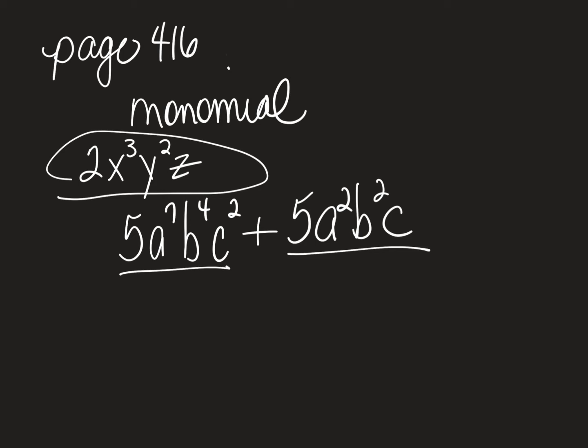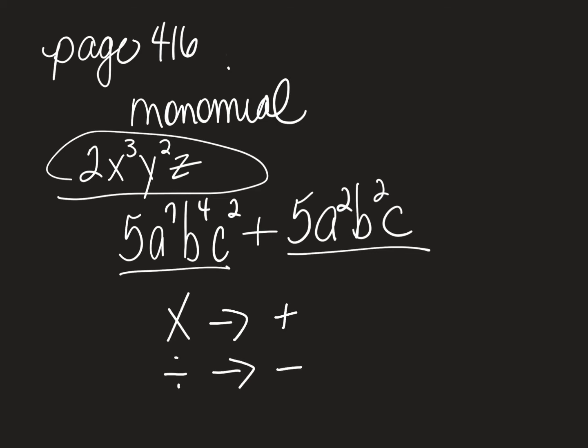When you are multiplying variables with like bases, we are going to do what with our exponents? Add. When we are dividing, we subtract, okay? So when you multiply, we add. When you divide, we subtract, okay?